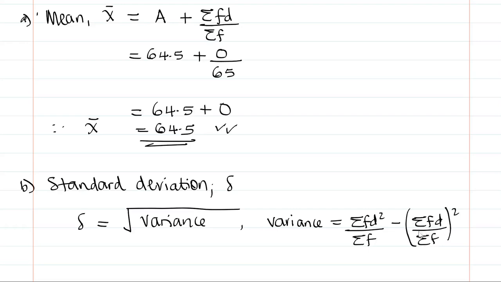This is the formula for getting the variance. Please, this symbol means summation.